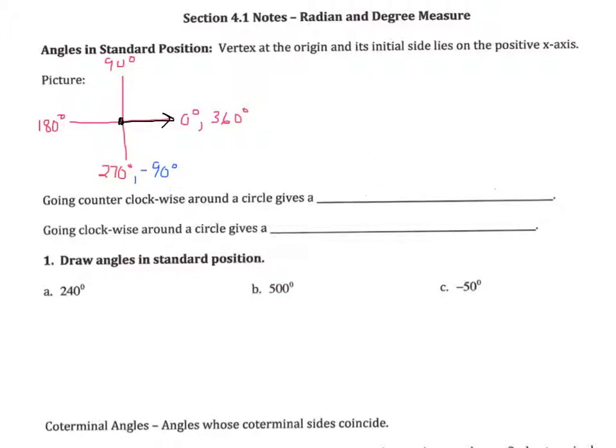And then its terminal side would be anywhere else in the circle. So if I put the angle's terminal side right there, this would be our angle measure in between 0 degrees and wherever that angle ended up.